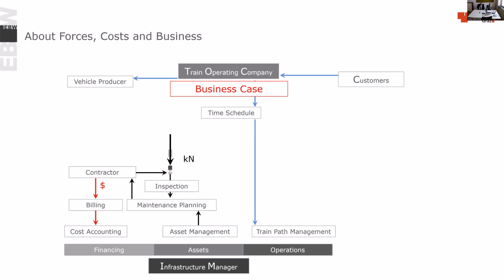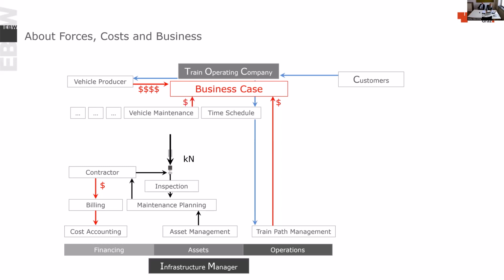And of course, this business case is linked with costs. So there is a lot of costs involved here. There is costs for the vehicle. This is the high initial costs. There are costs for the train path. This is the track access charge that we're talking about. And of course, there are a lot of other costs like vehicle maintenance and the operation, the staff, and so on and so forth.